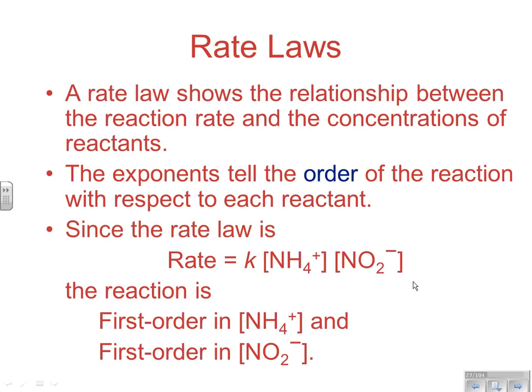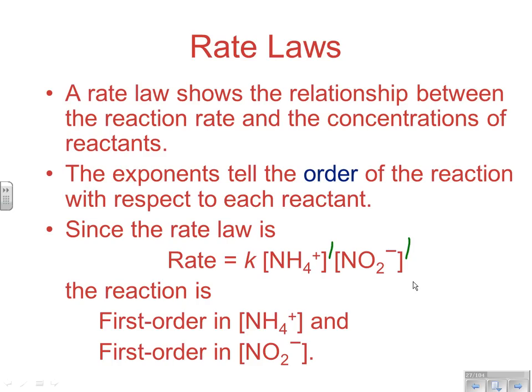Now, since the rate law for this reaction turned out to be that, so the rate equals K times the concentration of NH4 plus times the concentration of NO2 minus, it's first order. Both of those would be 1s. First order with respect to NH4, and it's also first order with respect to NO2 minus.